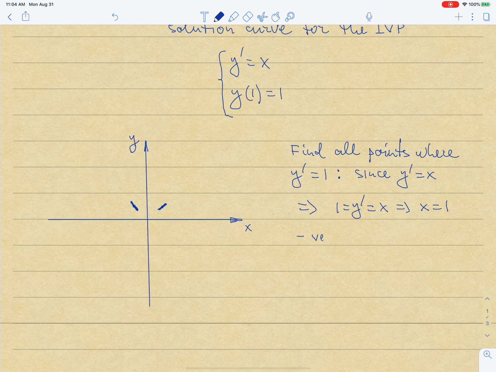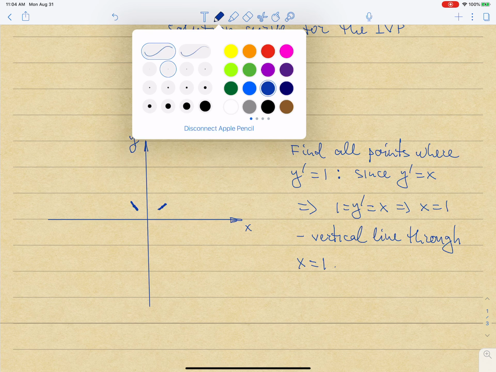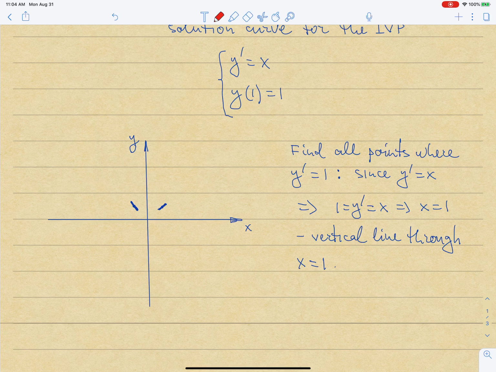That is a vertical line through x equal to 1, right? Because this is a set which consists of all points with x coordinate equal to 1. Okay, so I have a vertical line through x equal to 1.